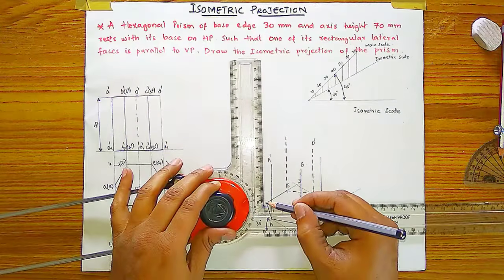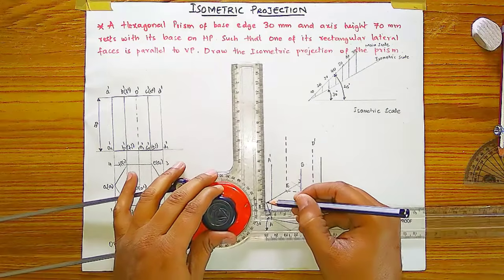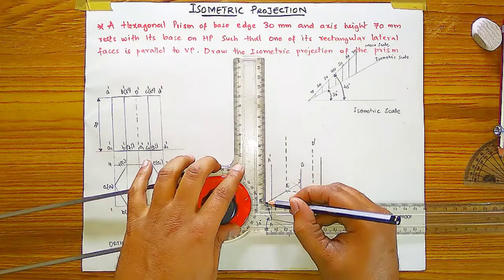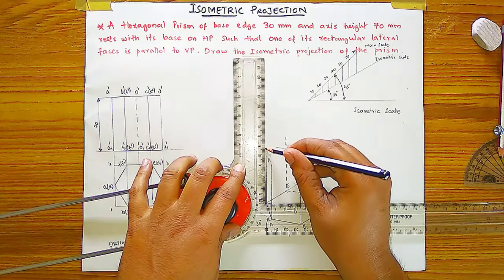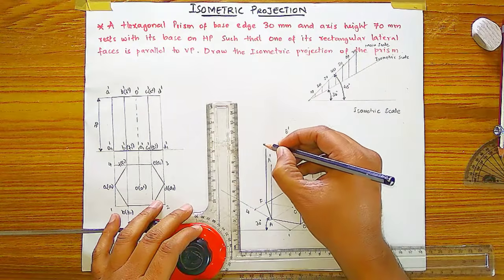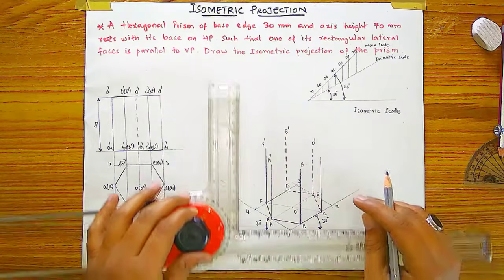And this F to A is visible from the front, so draw it as dark, 5.6 height, and this point is E dash and this point is F dash. All hexagon points you have removed.